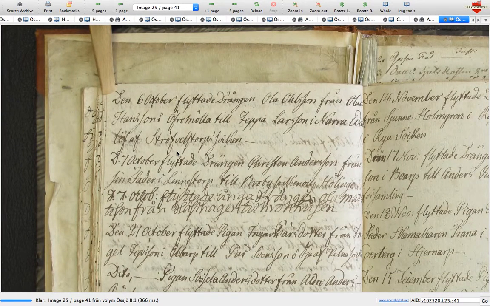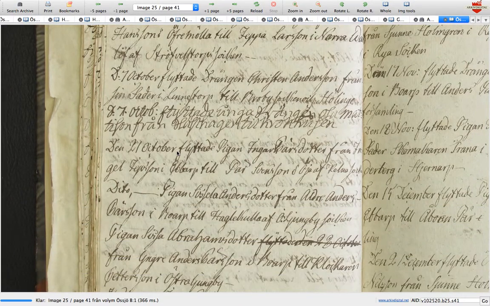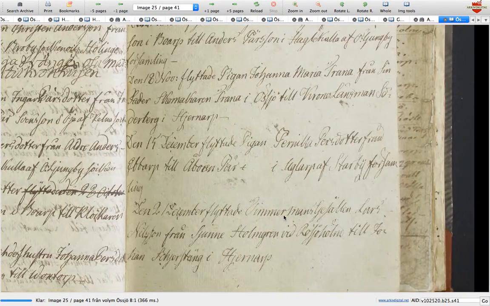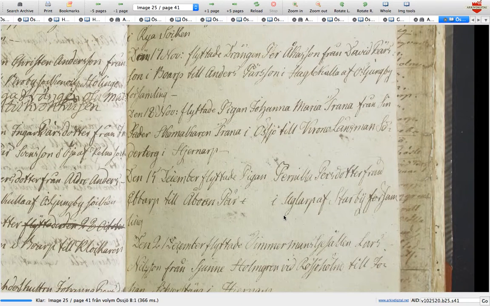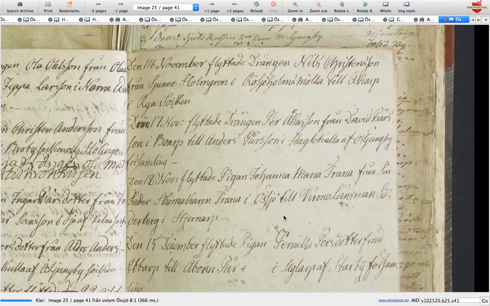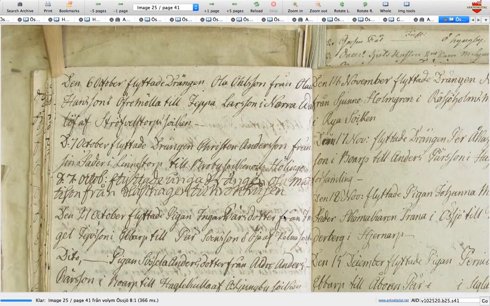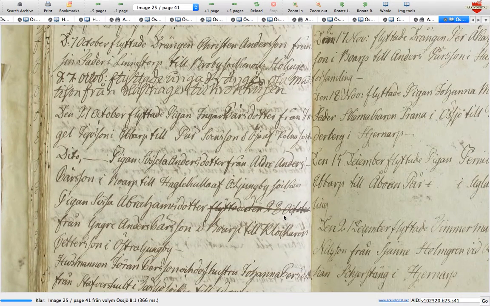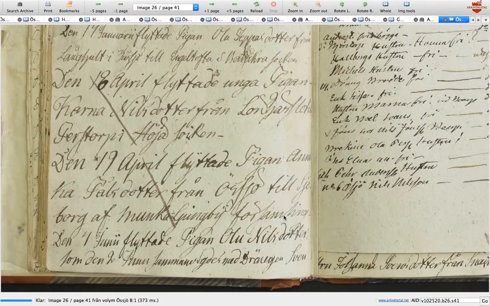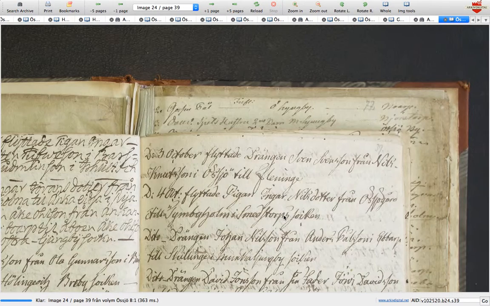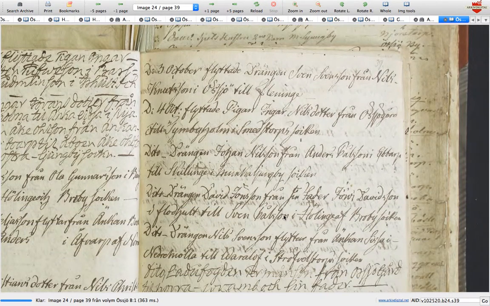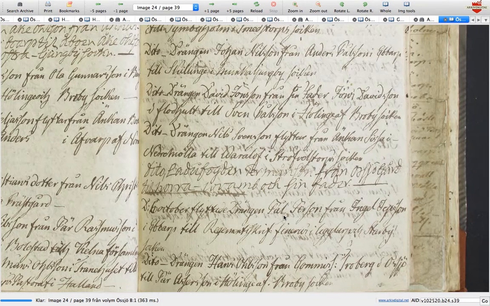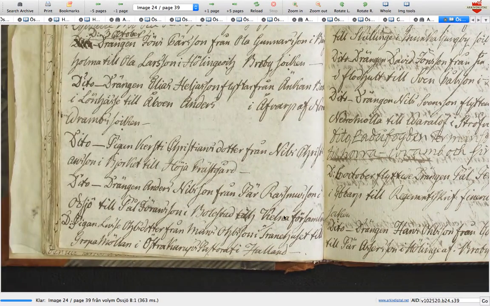Feels like Swedish lesson number 1. Hardcore version. 21st of December moved. It's 1810. Maybe it's not this book.